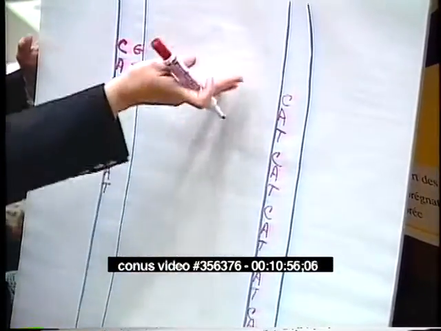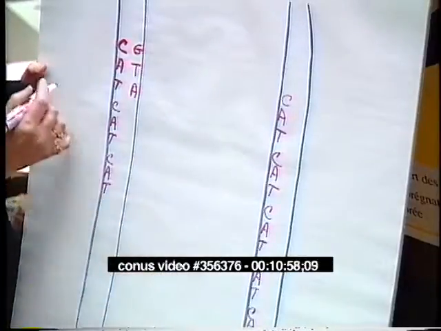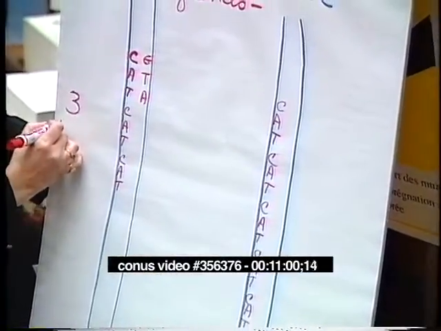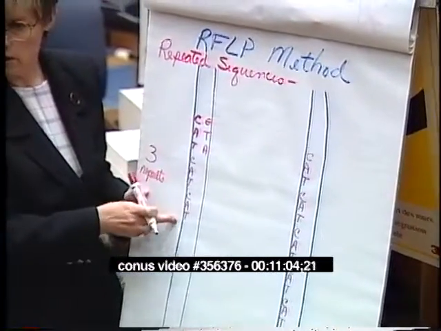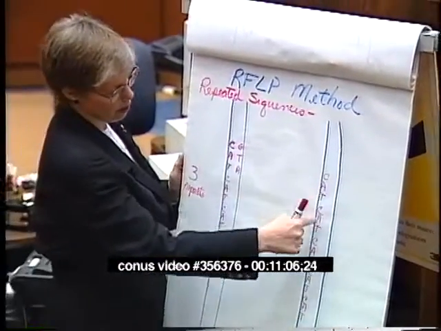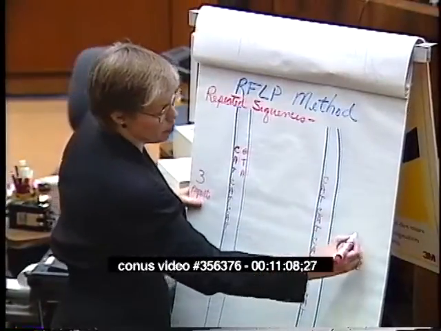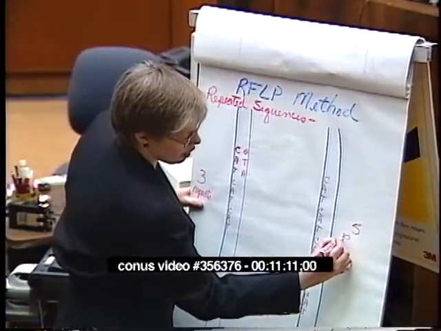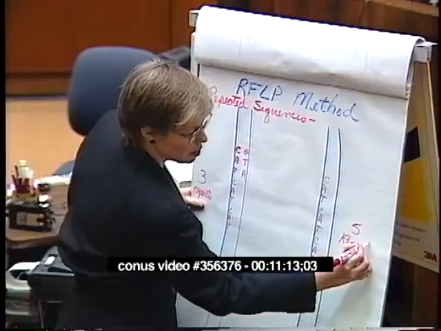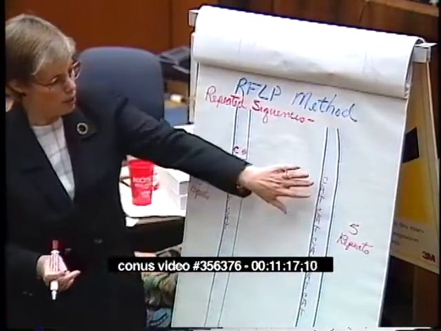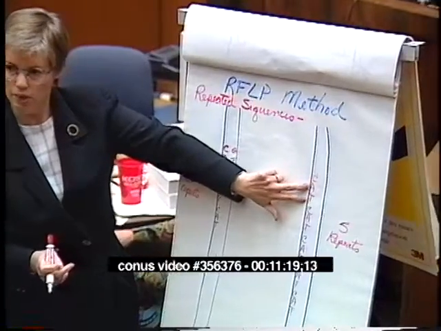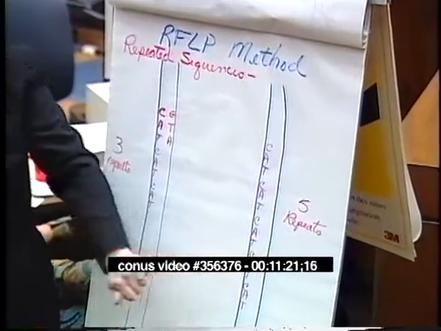But on this chromosome, it's repeated more times. Here, on the one on the left, we had 3 repeats. And here, on the one on the right, we have 5 repeats. So we have this short section of something that's repeated over and over again.